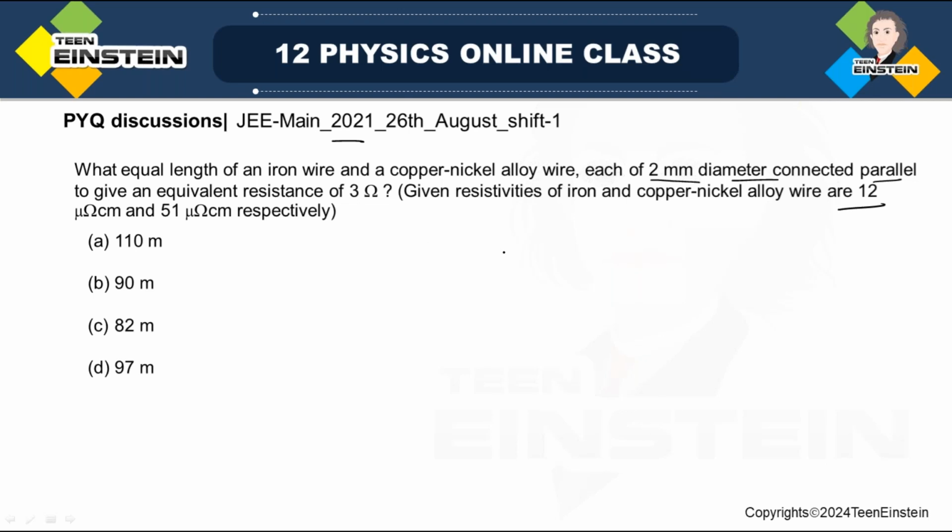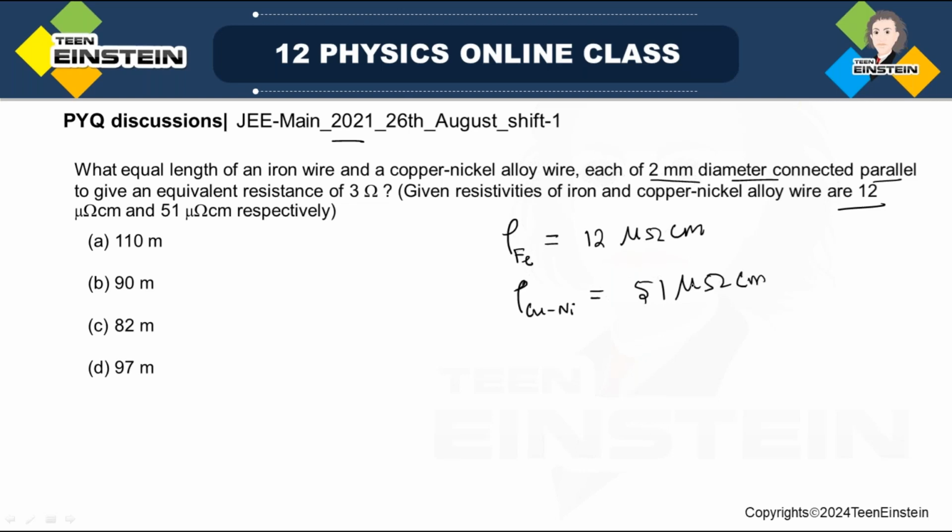So you can see the resistivity for iron, let me write it as Fe, is given as 12 micro ohm centimeter, and resistivity of copper nickel alloy, CuNi, is 51 micro ohm centimeter.